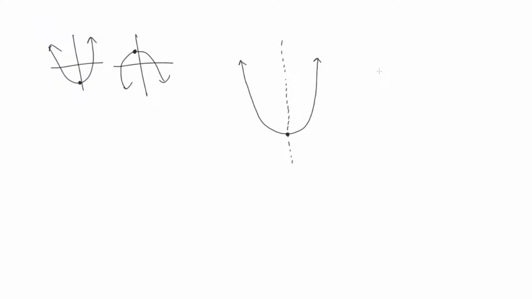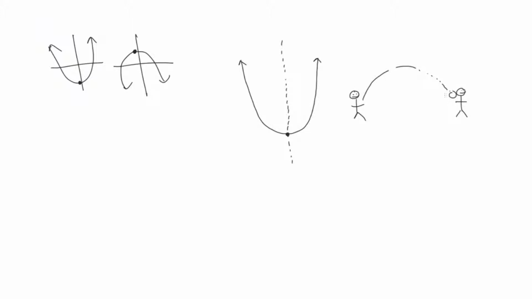To give you a real-world example of this, let's say we're playing catch outside. Here's me, and there is you. I'm going to toss you a ball, and let's say there's no wind, we're completely inside a vacuum, so we don't have any external things that are affecting the direction and the velocity of the ball.